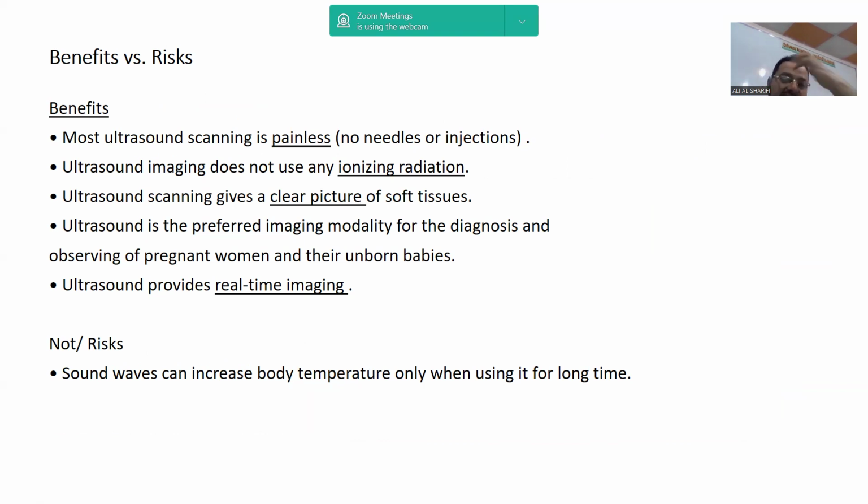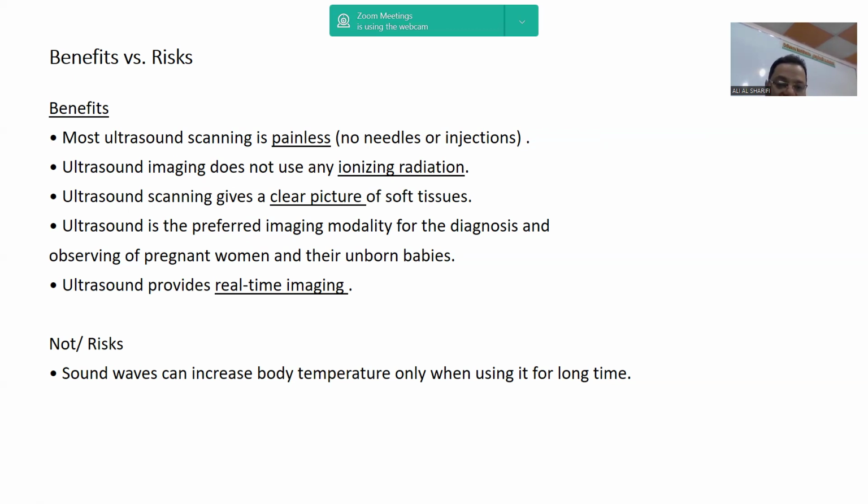Ultrasound scanning gives a clear picture of soft tissue. Ultrasound is the preferred imaging modality for the diagnosis and observation of pregnant women and their unborn babies. Actually, we depend on these ultrasound devices very heavily, specifically with pregnant women and unborn babies, from the first small cell until before birth.